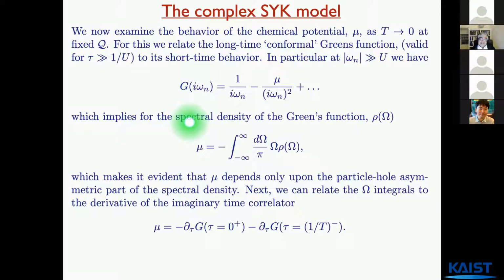So one way you can see this is by computing the entropy. This is an argument which was in the paper with George and Parcollet, which allows you to figure out how the chemical potential depends on temperature.